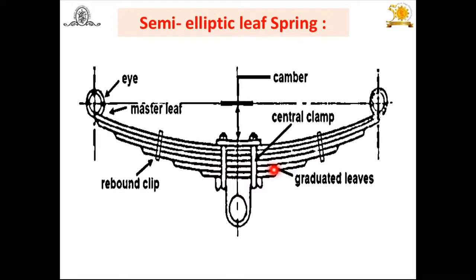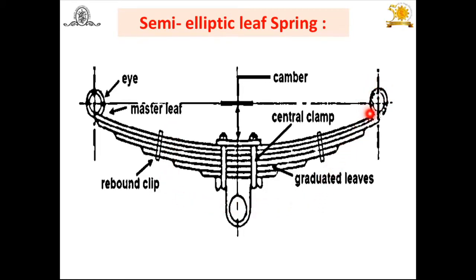Then, to hold it properly at the center, the central clamp is used with U-bolts, and all the leaves are properly mounted together. To take the shocks and vibrations when the vehicle is running, rebound clips are also used to maintain the leaves in proper position.